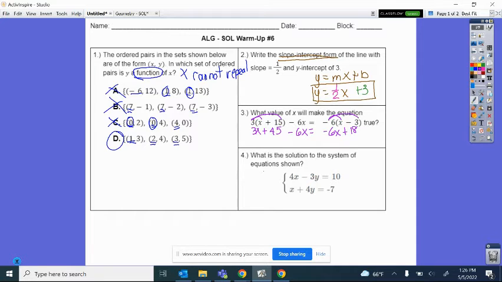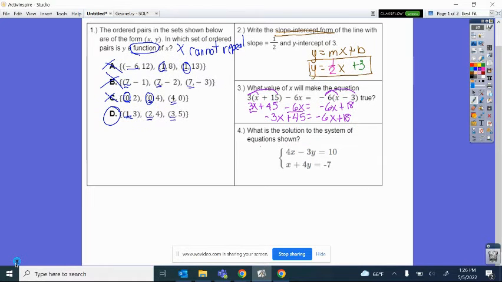We're going to combine like terms so that our 3x and -6x, that's -3x plus 45 equals -6x plus 18. I'm going to go ahead and rewrite that over here just to keep on going since I'm running out of space. -3x plus 45 equals -6x plus 18.